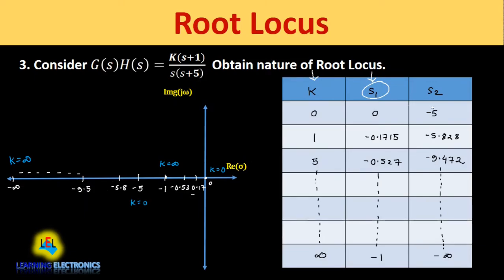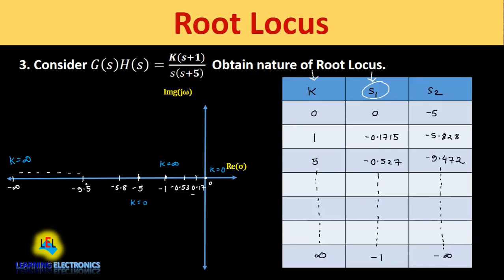Now we are going to make the locus points of s2. When k is equal to 0, we are getting s2 is equal to minus 5, and when k is equal to 1, we are getting s2 is equal to minus 5.828, and when k is equal to 5, we are getting s2 is equal to minus 9.472.